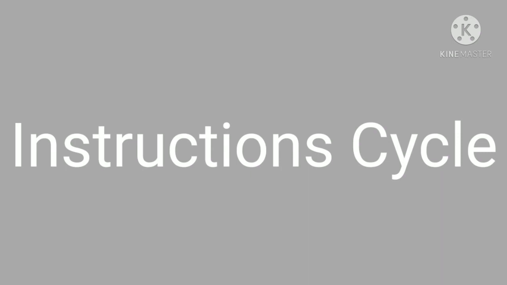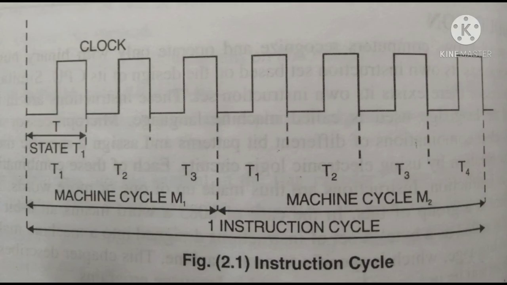A diagrammatic representation of this concept is shown in the figure. Next, in the figure let us see what an instruction cycle is. Look at this figure, which shows machine cycles, T states and the instruction cycle required for execution of a hypothetical instruction. From the diagram we see it requires two machine cycles, M1 and M2. Machine cycle M1 lasts for 3 T states while machine cycle M2 lasts for 4 T states, denoted as the instruction cycle.